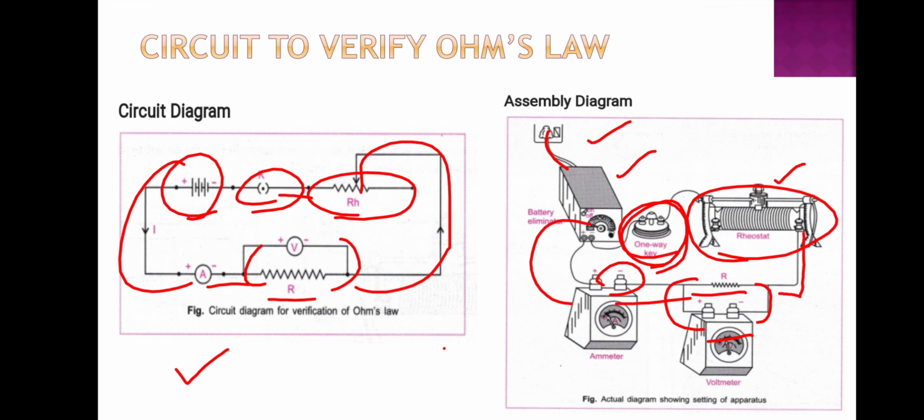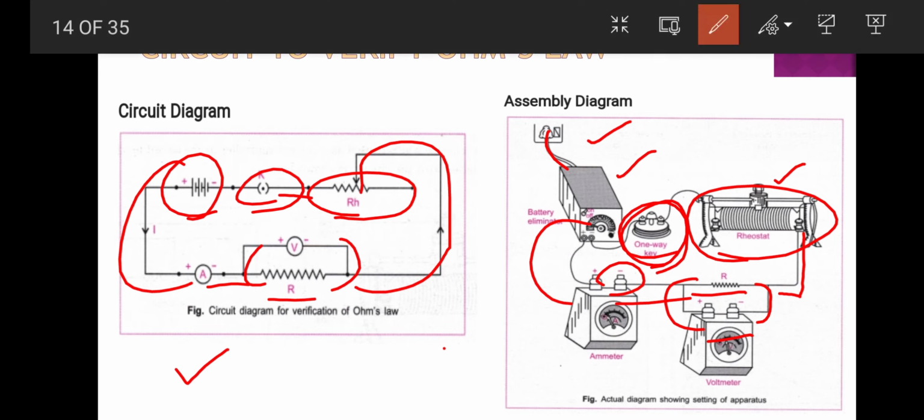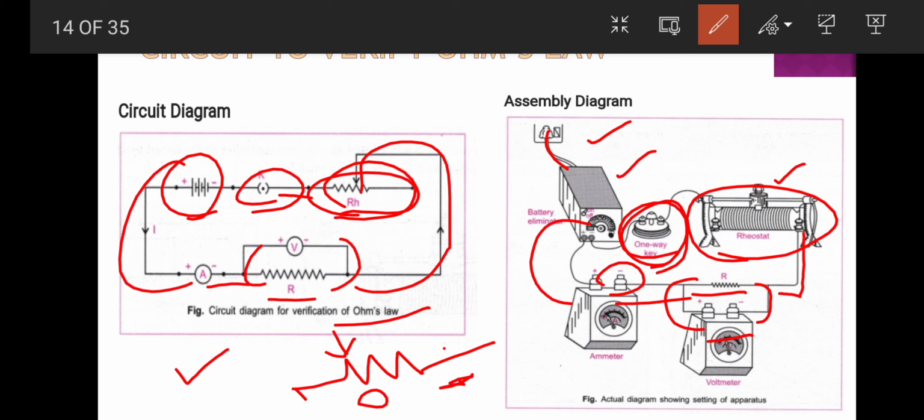So what are we verifying? By increasing the voltage. Okay, so here what is the purpose of this rheostat? You may be thinking, what is this rheostat? It is a resistance, actually a variable resistance. We can vary the resistance from 0 to whatever the maximum value is, according to its range.